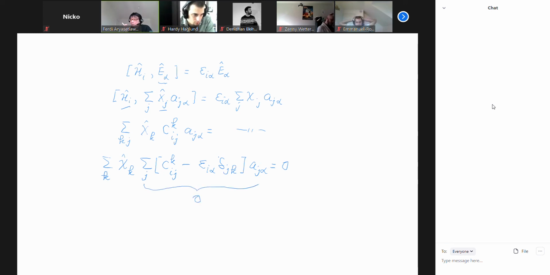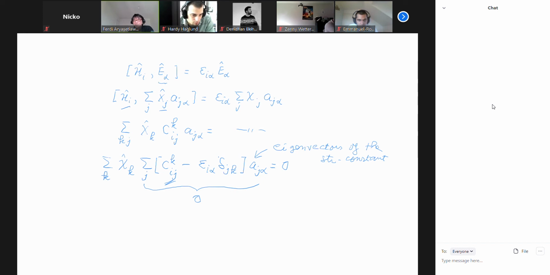So then we have an eigenvalue problem, and these a_j alpha are the eigenvectors of the structure constant C. You can check this for the case of angular momentum, where the structure constant is just the Levi-Civita symbol.